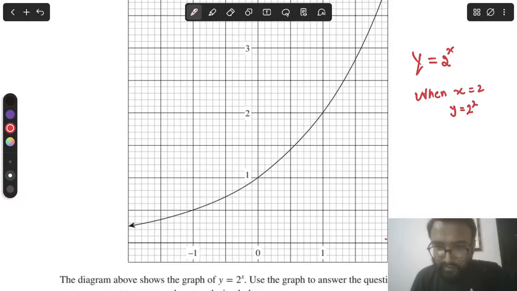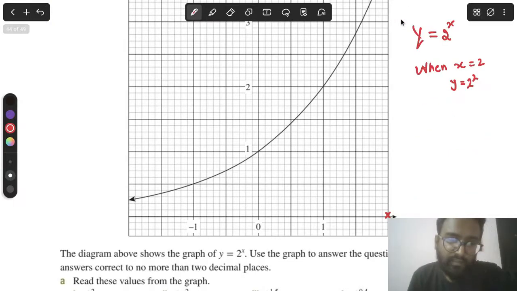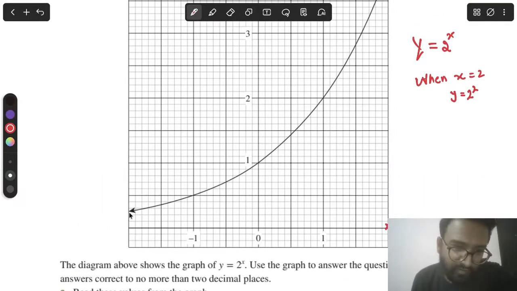So this is when x equals 2, and this is 2 power 2. So what about when x equals minus 2? This is minus 1, this is minus 2. So this is 2 power minus 2. Clear?